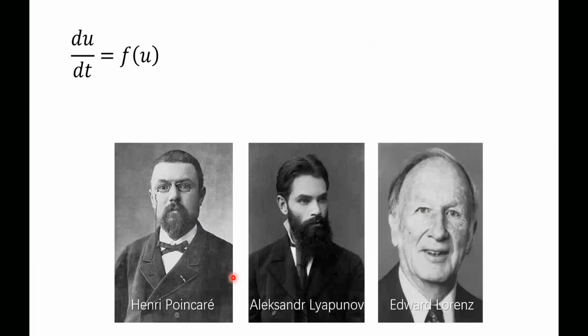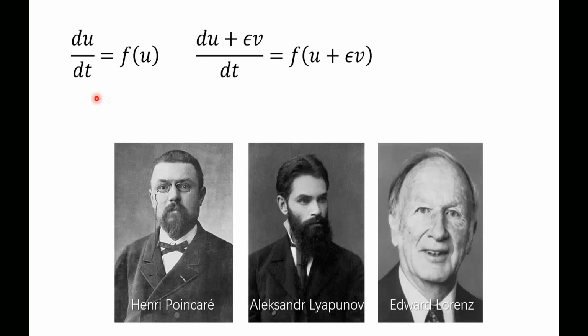So consider a differential equation du/dt = f(u). It has been shown, through a lot of work even before Lorenz's time, that if you linearize the equation and solve the differential equation that governs a small perturbation, epsilon times v, then it works as follows. Suppose u is a solution that satisfies the equation, and a different solution satisfies the same equation, where the different solution is a small perturbation on top of u.